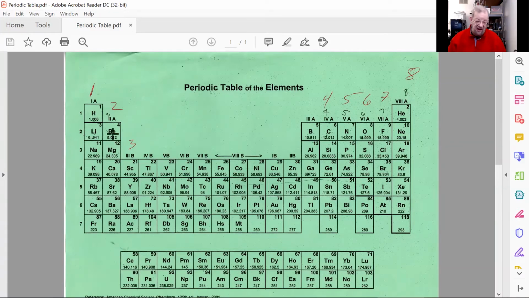Magnesium has 2, calcium 2, my favorite carbon has 4, nitrogen 5, oxygen 6, bromine 7, and argon, which I worked with in grad school, has 8 valence electrons. And these are the electrons you use for a Lewis structure of now a compound.